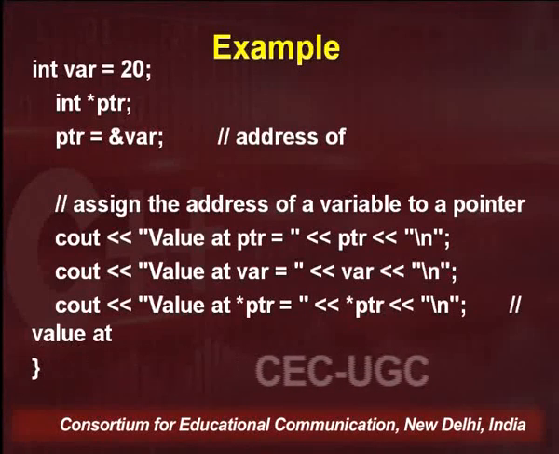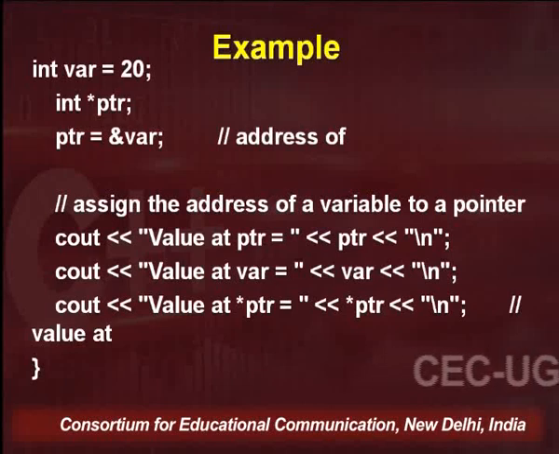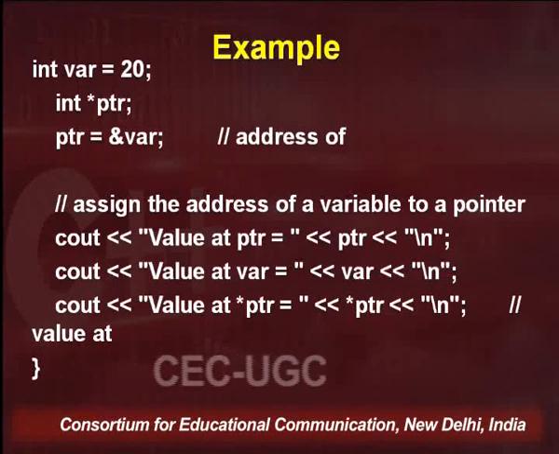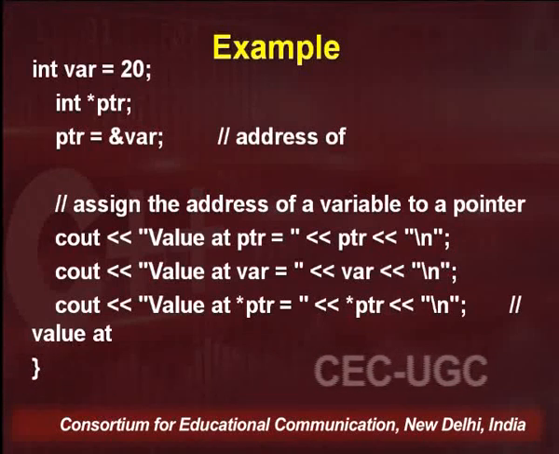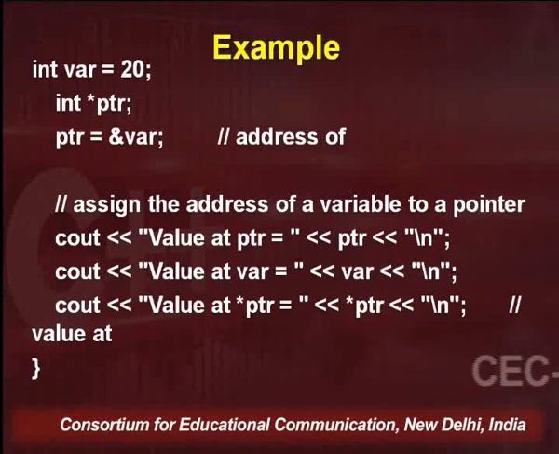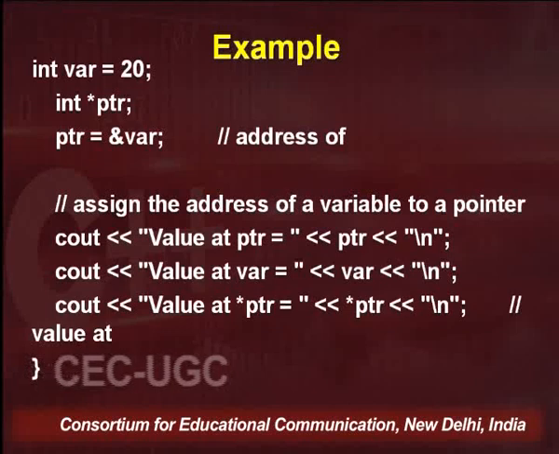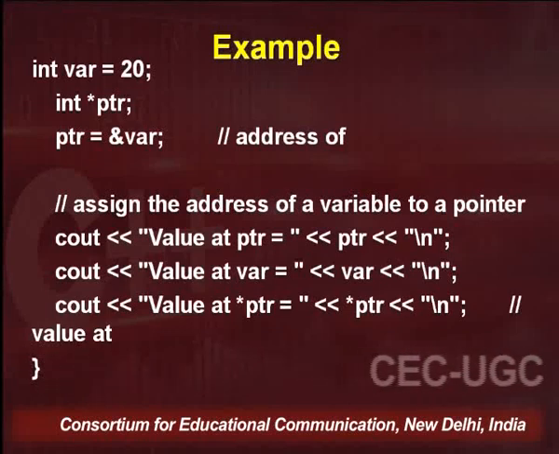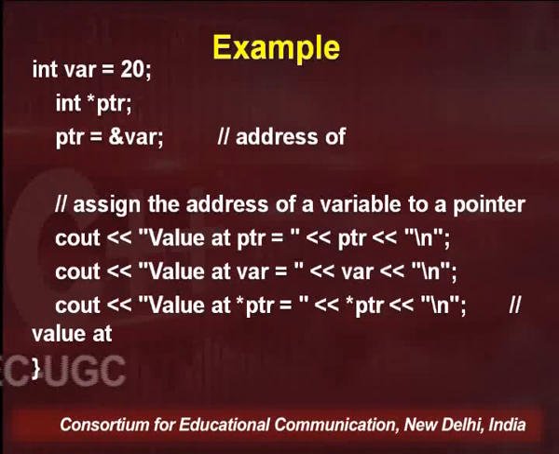So if you print the value inside ptr, it is going to be the address of var. If we print the value of var, we simply get 10. And the value at ptr, which is *ptr, is nothing but 10.